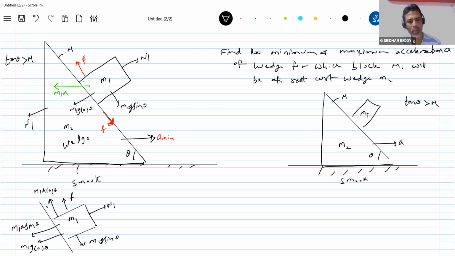And what is the state of the block? The block will be at rest with respect to the incline. So the person standing on the wedge says the block is at rest. So we just have to equate the forces. I'll write that comment also, so that it will help you.